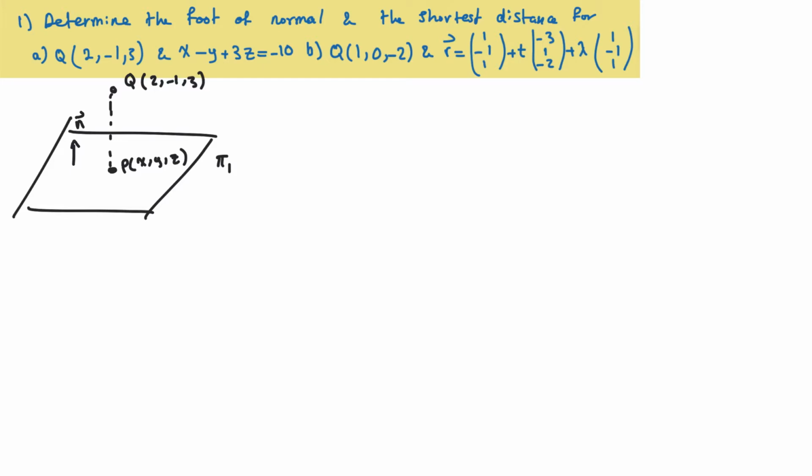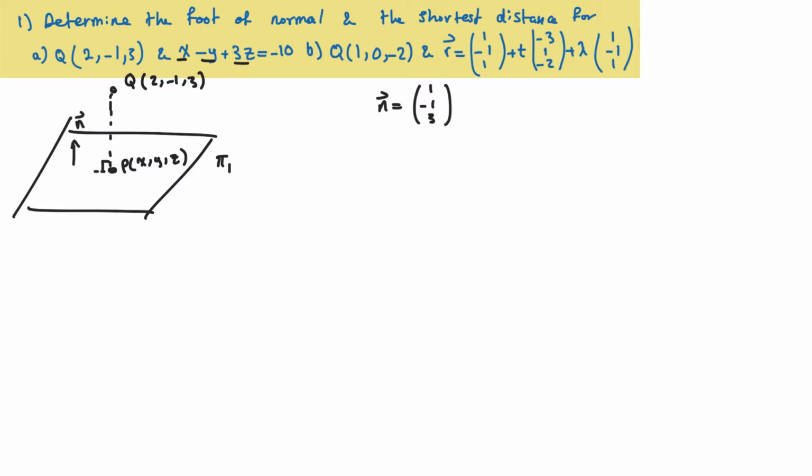Because the line is perpendicular to the plane, and the normal is also perpendicular, the direction of our line is going to be the coefficients of x, y and z, which are 1, negative 1, and 3.